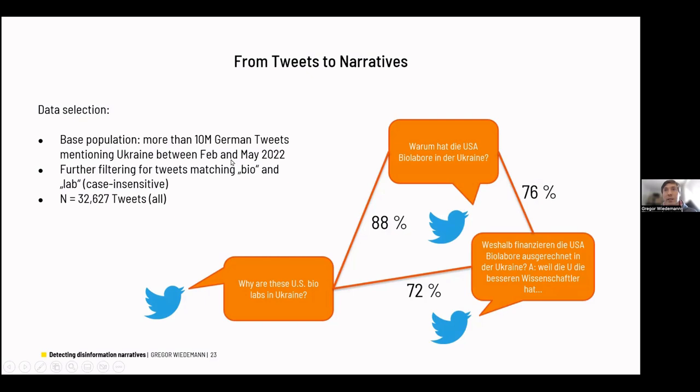And we checked that we get very precise results from that. So there are not many false positives in that selection by these matching key terms of bio and lab. And this leaves us with 32,000 tweets, which are dealing mostly with this biolab conspiracy.